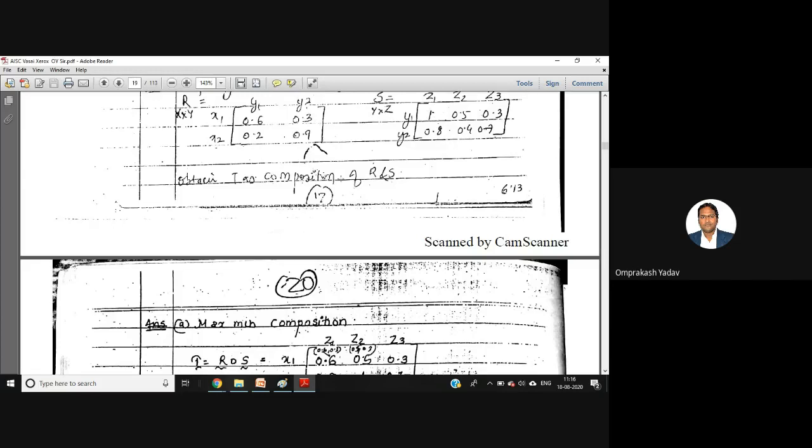So it will be the composition between R and S. I'll remove y1 and y2, which was the common term. So x1 x2 for R, and for S I have written z1 z2 z3.